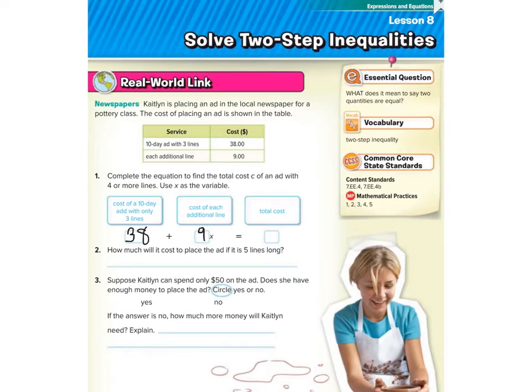Total cost, I'm not sure. How much will it cost to place an ad if it is 5 lines long? Okay, so for 5 lines, it would be 38 plus 9 times 2, which is 18. So it'd be 38 plus 18. So $56.